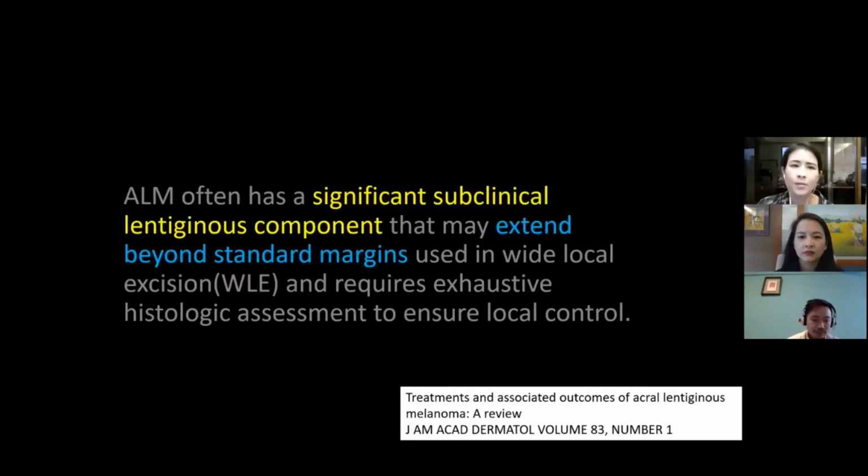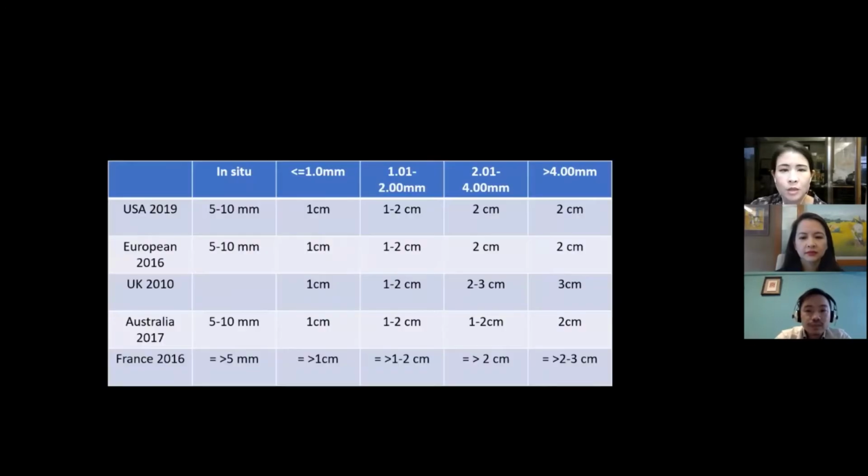The main problem is that acral lentiginous melanoma often has a significant subclinical lentiginous compartment that may extend beyond the standard margins of wide local excision, and it requires exhaustive histology assessment to ensure local control.